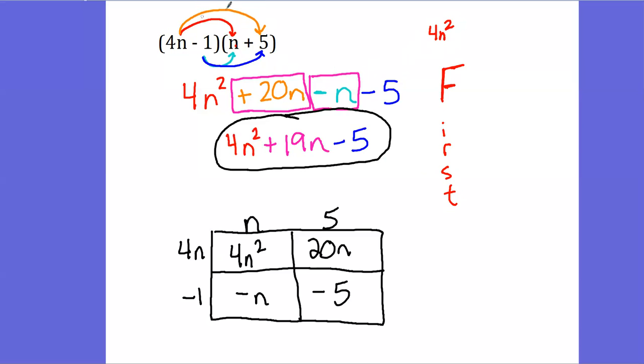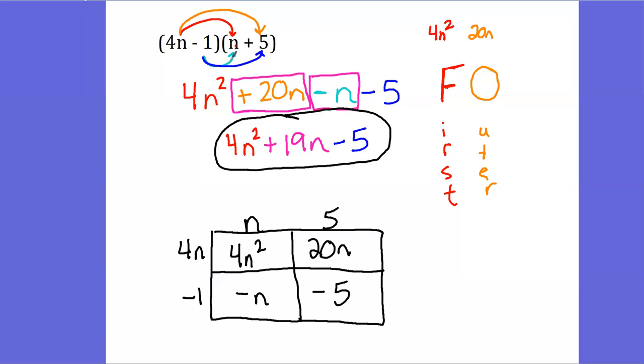The O part of FOIL, O stands for outer. So we have O for outer. And this 5 and this 4n should kind of look like they're on the outside here. This is the outer stuff. So when you take positive 5 times 4n and get that 20n, that is considered to be the O part of FOIL.